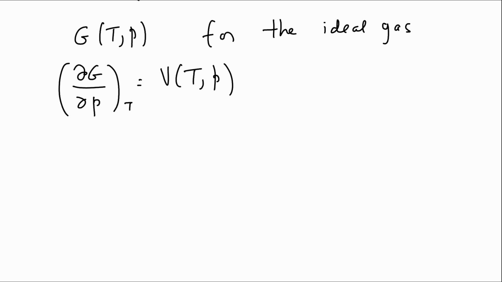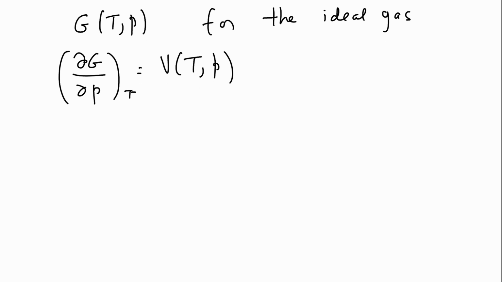G is a function of T and P, so its partial derivative with respect to P at constant T, and then put the T back in, is a function of T and P. The fact that this is being held constant doesn't mean it's forever a constant. You hold it constant while taking the derivative, but then it's back being a variable. But the nice thing is, we know some stuff about the ideal gas. So I could calculate G of P by doing this.